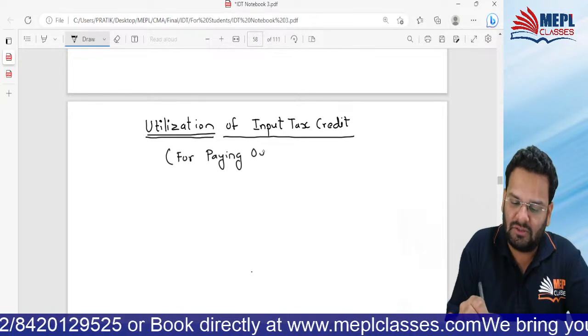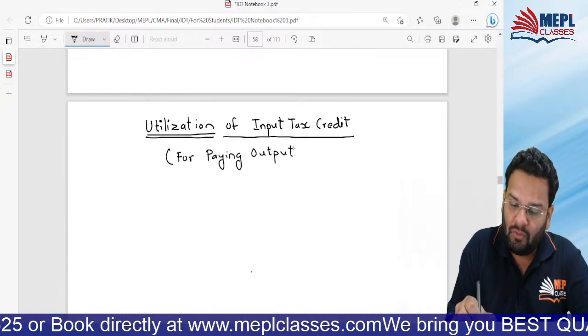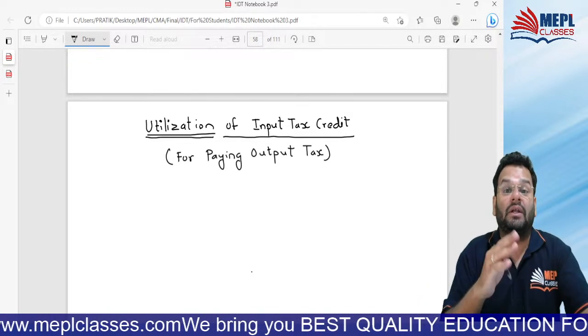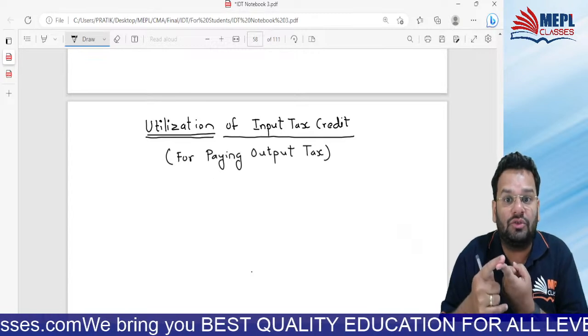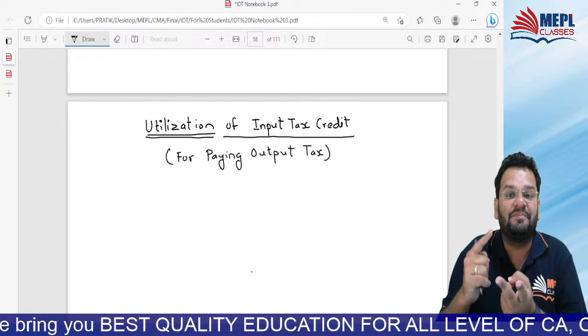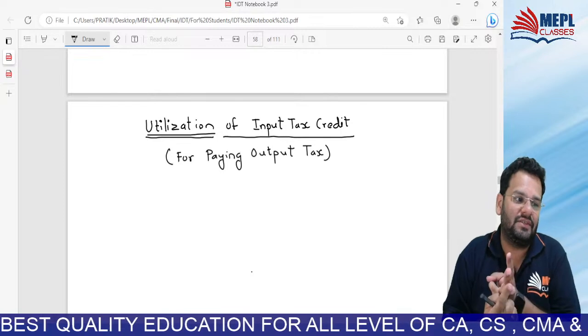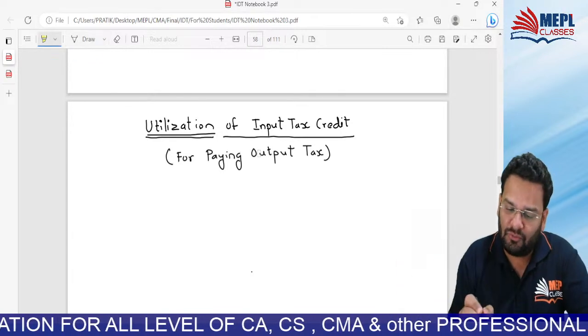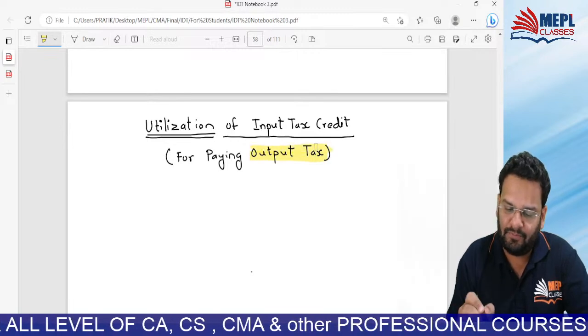So you will say, sir, what's so special in that? Why are you telling us that it is used to pay output tax? What I want to tell you is it cannot be used for paying any interest, penalty, late fees. It can only be used for paying output tax.